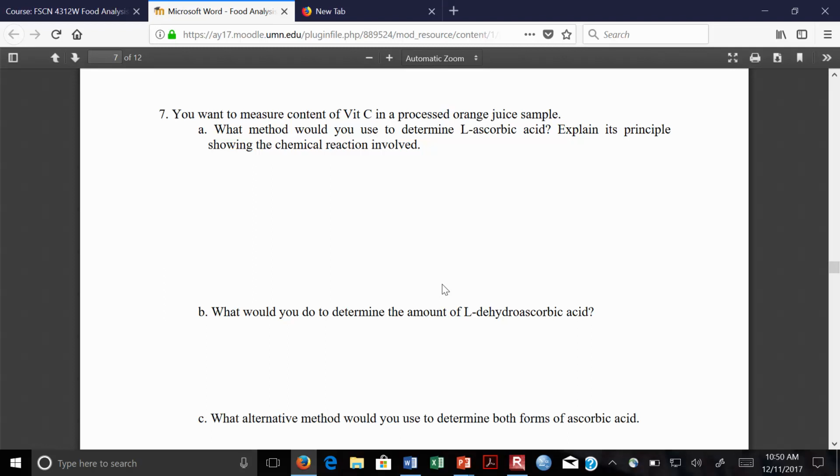And then what are the precautions that you need to make while preparing your sample for analysis? What we did in the lab, we had an acid solution that we added. So low pH prevents the oxidation or reduces the rate of oxidation of L-ascorbic acid. So we don't want to expose it to a lot of oxygen, so we monitor the pH, that means we use acid to lower the pH.